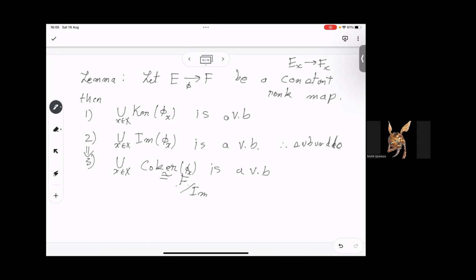Now we'll also see that 3 implies 1. We just say that the kernel is equal to the co-kernel of F dual, E dual dual. And this basically shows us that the kernel will also be a vector bundle, and also a subbundle, because again linearity on the fibers is guaranteed.